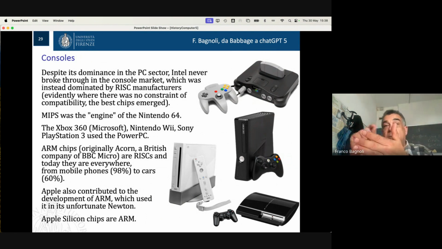With a stick, you could draw on it. Clearly, it was a failure, but in the end, it originated the iPad. And also now, the new silicon chips, which are extremely powerful, have a lot of cores, but they are essentially ARM chips.